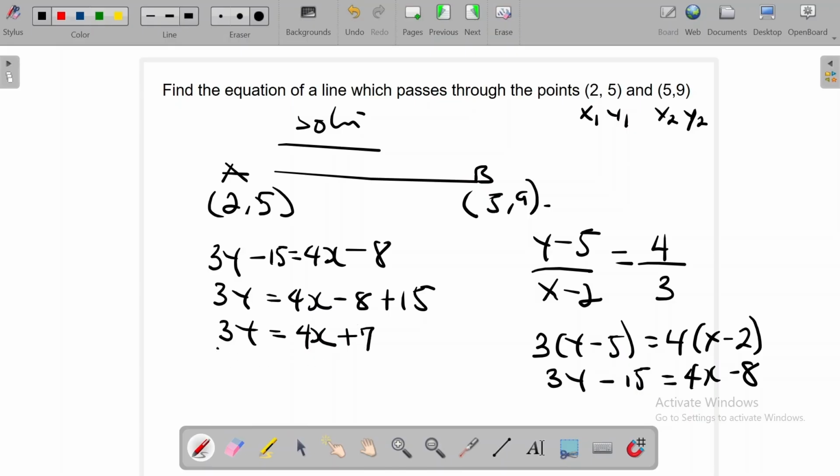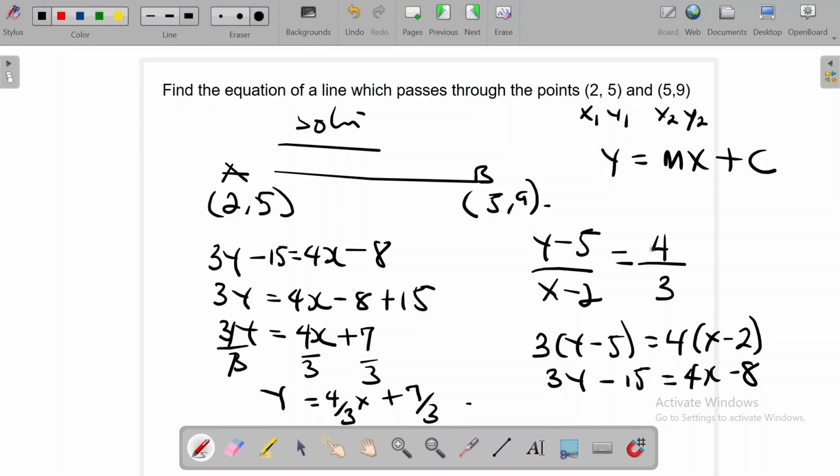So it becomes, dividing by 3, y is equal to 4 over 3 x plus 7 over 3. So the equation of a straight line is y is equal to mx plus c. What is my m in this case? 4 over 3. And what is the intercept? 7 over 3.